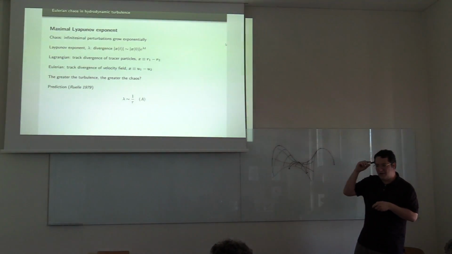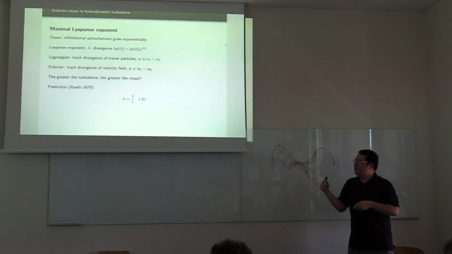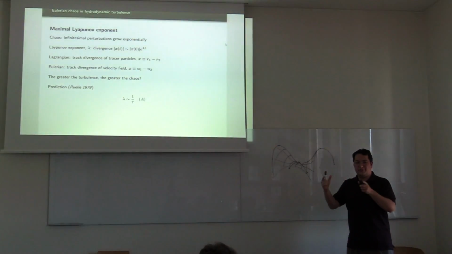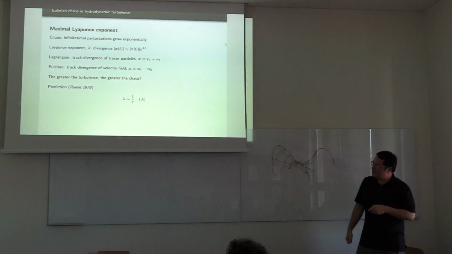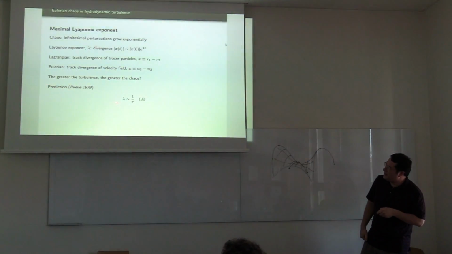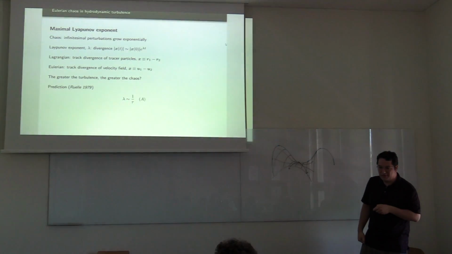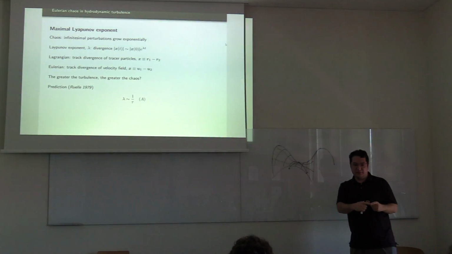Intuitively, you would expect that the more turbulence there is in the system, there should be more chaos. And the only theoretical prediction of what the lambda should be is 1 over tau, where tau is the turnover time of the smallest eddies.